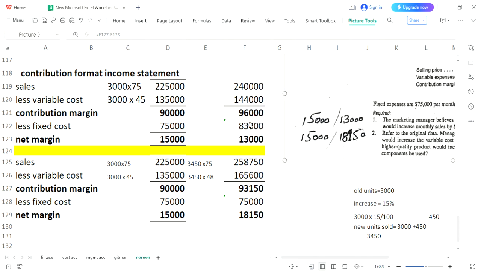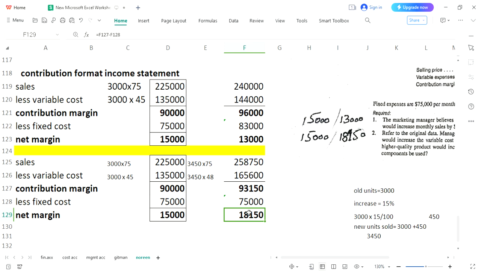There in this part you increased your advertising, though your sale increased from 225 to 240, but finally you were facing loss. So you rejected this proposal of increase in advertisement. Here, you increased your quality by increasing your variable cost, and finally you were getting profit.